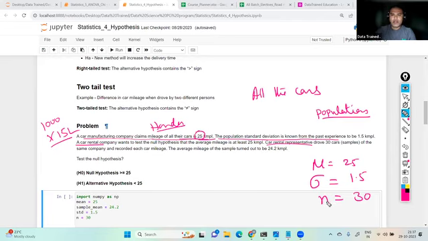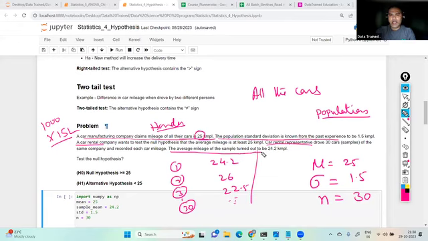They drove 30 cars and recorded the mileage of each car. Let's say the first car 24.2, second car 26, third car 22.5, likewise for 30 cars, and they took the average. The average mileage of the sample of 30 turned out to be 24.2 kmpl.